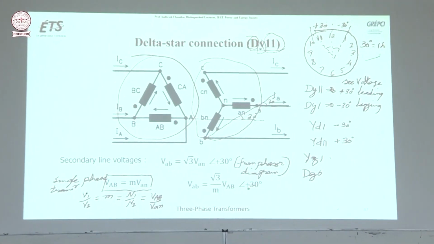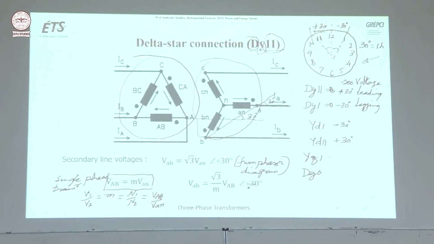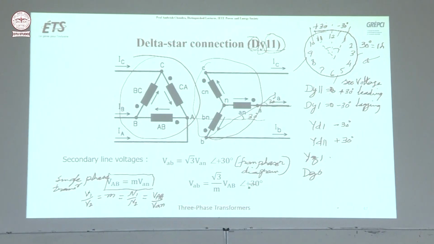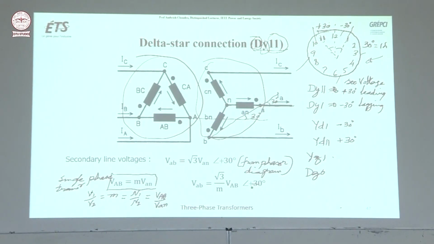So you see this diagram, I have already drawn it, and this is the clock. 12, 3, 6, 9, those are there. And there are 12 hours, 360 divided by 12, so every hour represents 30 degrees. So 30 degrees represents 1 hour.